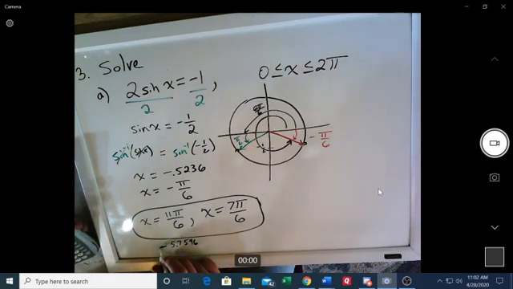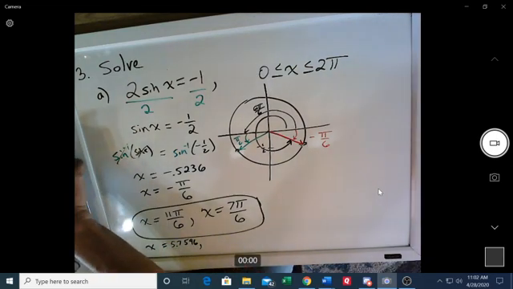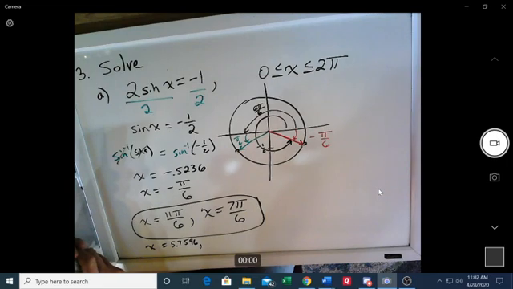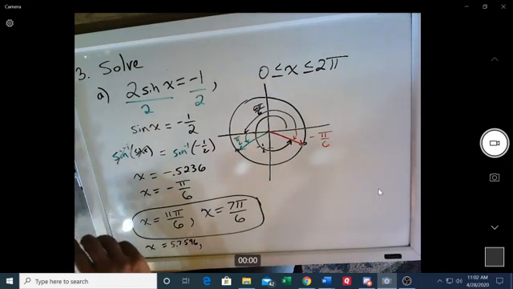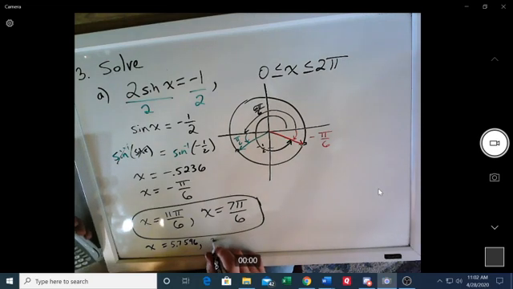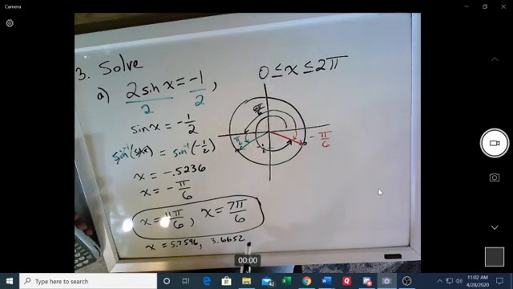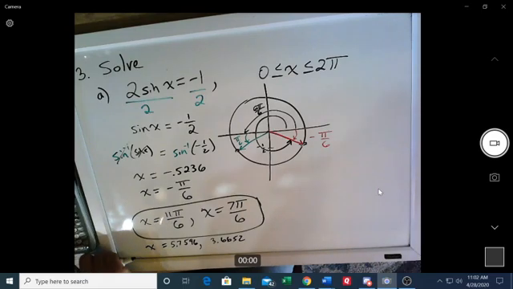So this would have been an acceptable answer too. And then 7 pi over 6 is the same as 3.6652. And that would have been fine too. I could have given the answers in this form or like this.